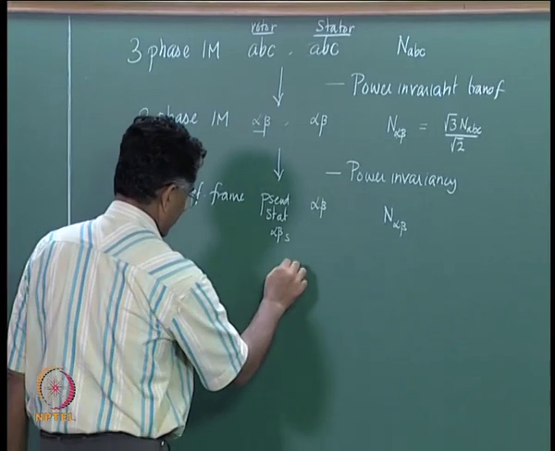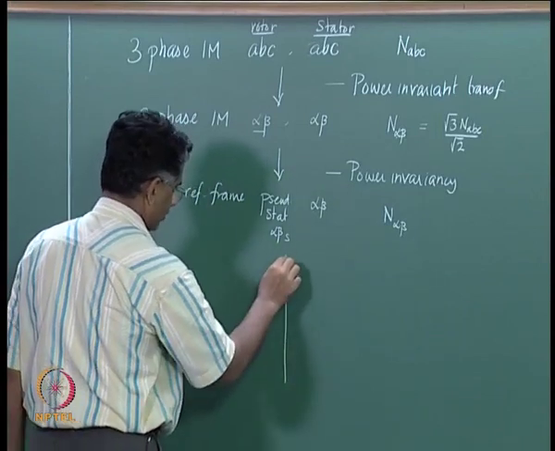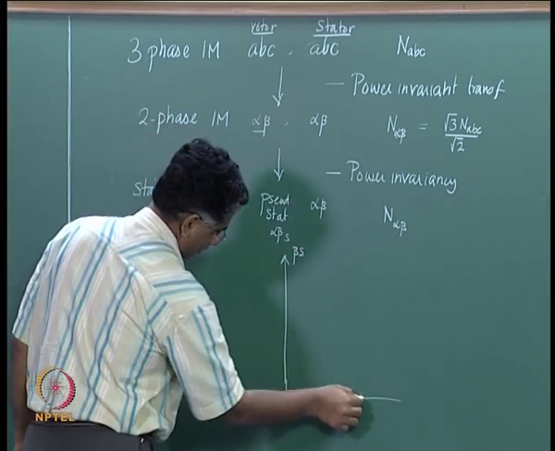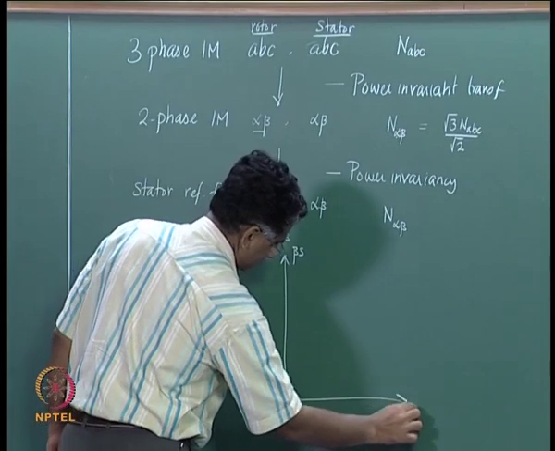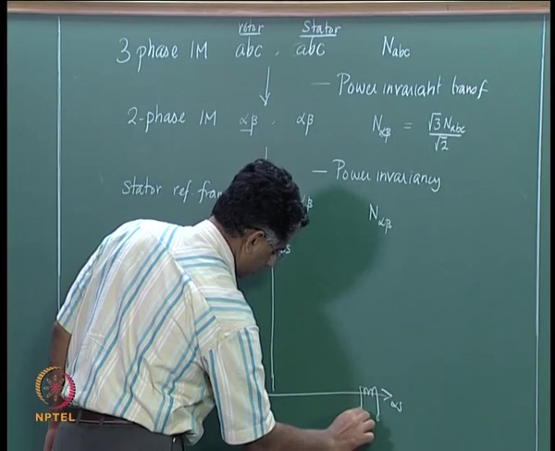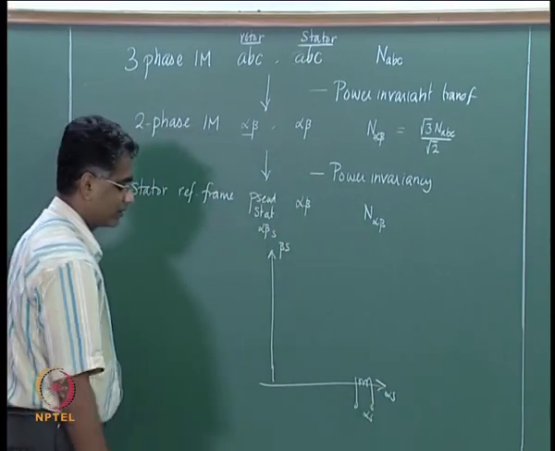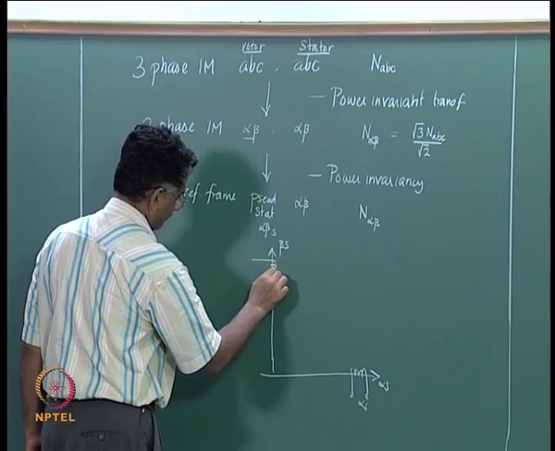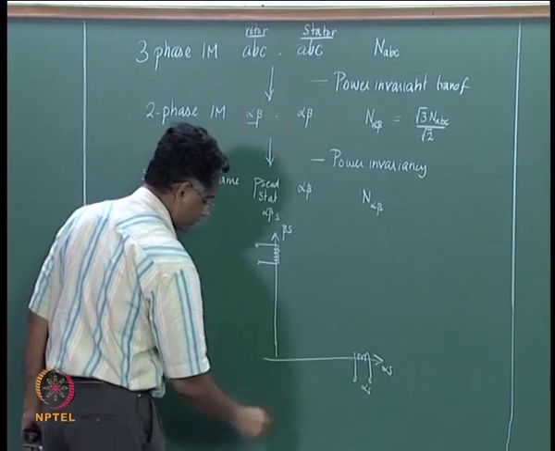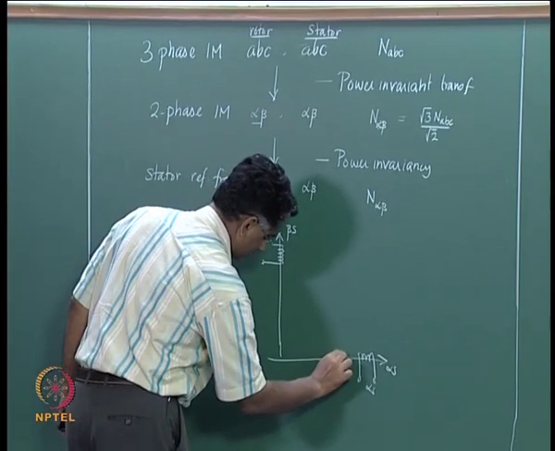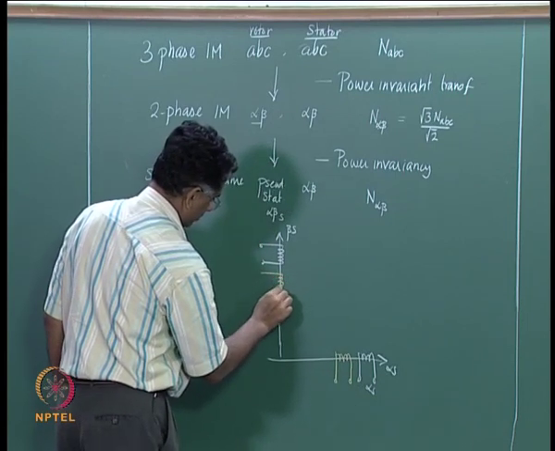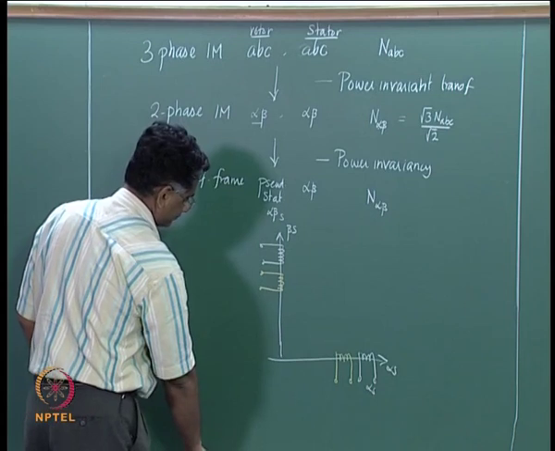And therefore the resultant system is: you have the beta S axis and the alpha S axis, and you have the stator coil on the alpha S axis, and then the stator coil on the beta S axis, and then you have the rotor coil which is now referred to the stator, and here again you have the rotor coil referred to the stator.